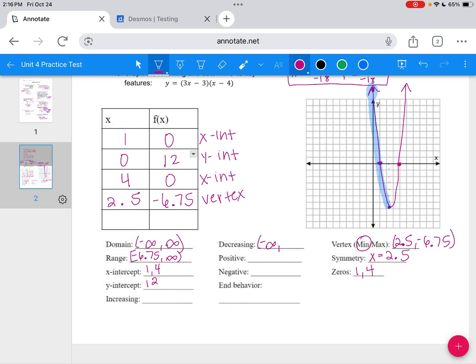So the x value of this is 2.5. Now at 2.5, I switch directions and I start increasing. And we never stop increasing, so from 2.5 going forever to the right, we are always increasing. So 2.5 to infinity.